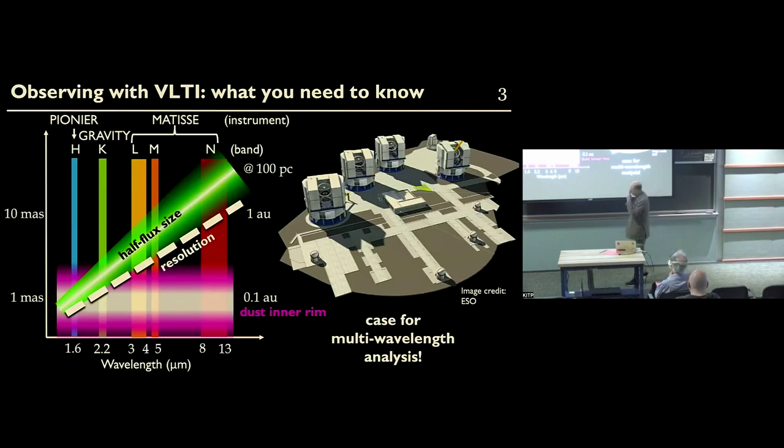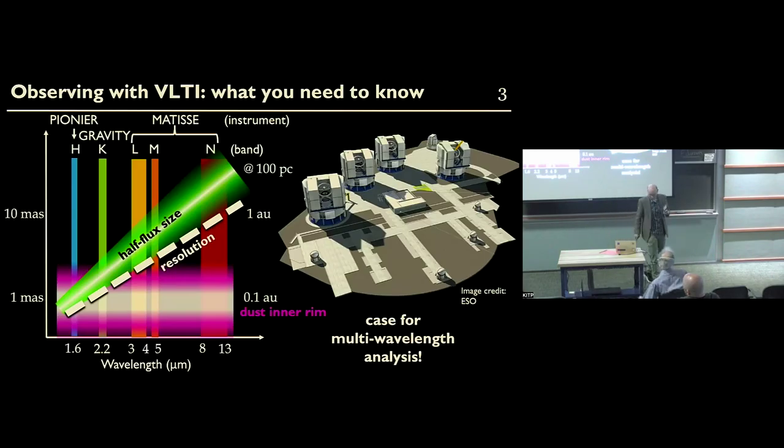So while in the near-infrared we practically see the dust inner rim, in the mid-infrared we can see the dust inner rim and what's behind it. The only caveat is that the resolution also gets worse towards the mid-infrared. So at every wavelength, usually we have just barely resolved the disk structure.